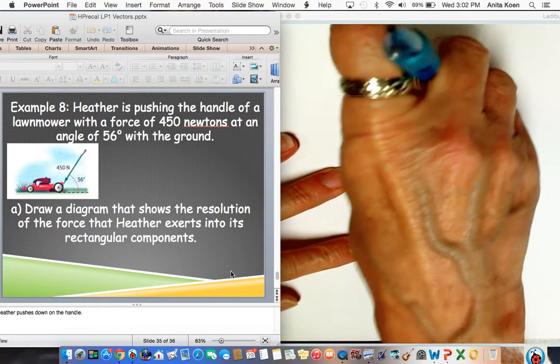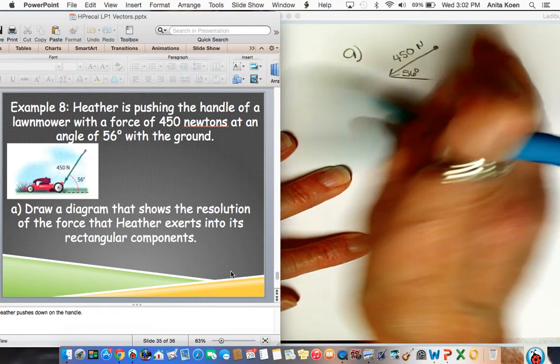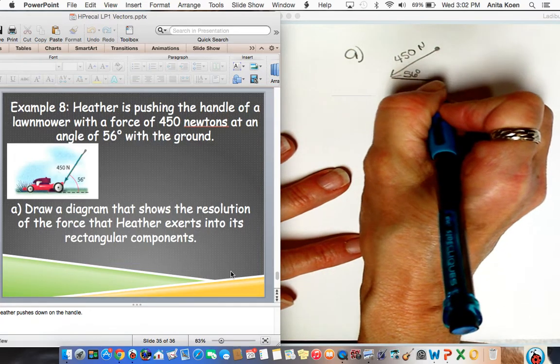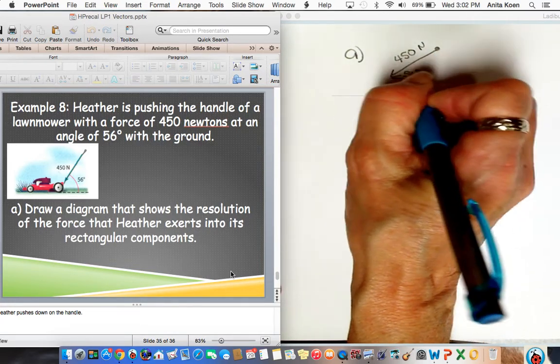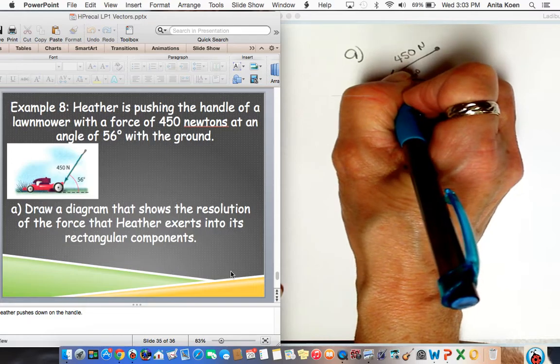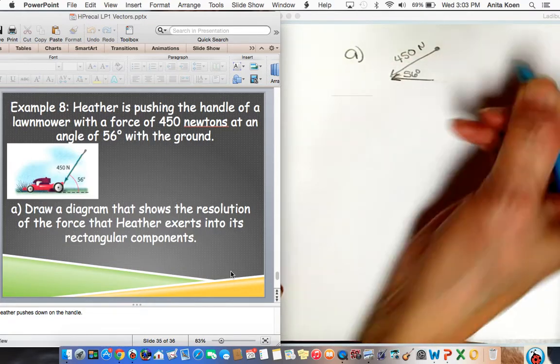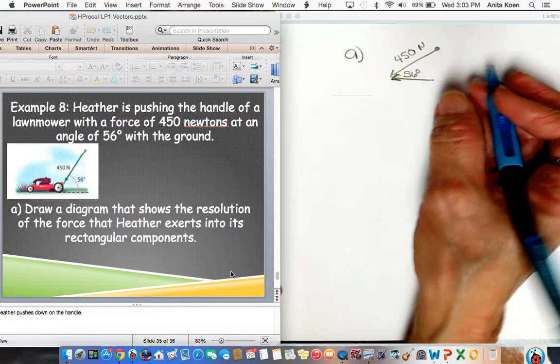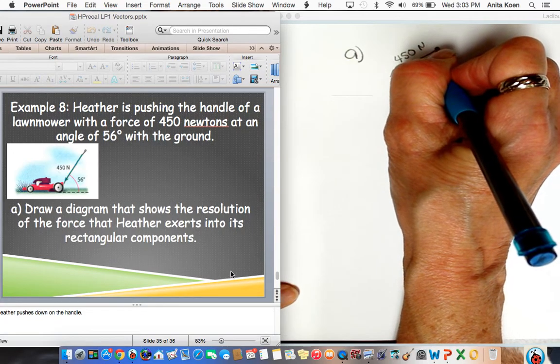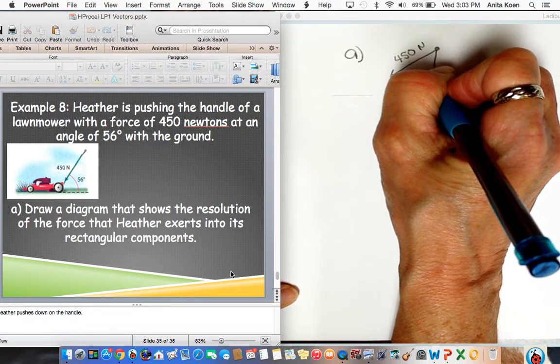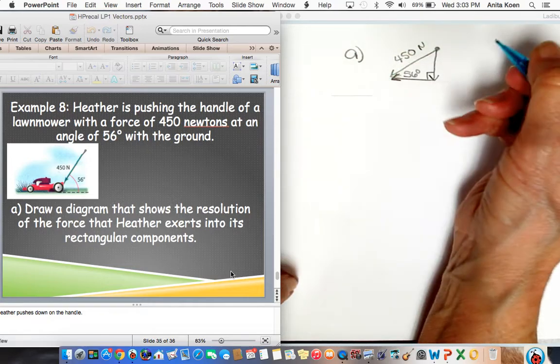So I'm going to erase a little bit because I made that too long again. So if I'm pushing downward, then I'm moving the lawnmower horizontally forward, and then I am pushing down on the handle.